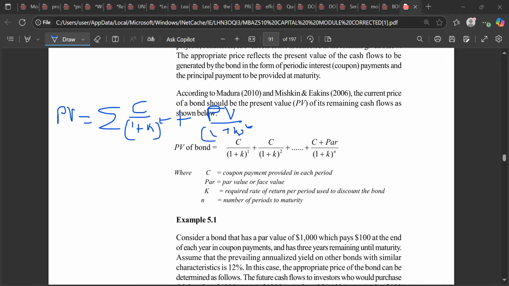These include the periodic coupon payment as well as the repayment of the par value at maturity. So C is the coupon payment, PV is the par value, and K is the required rate of return. This formula mirrors the valuation of capital budgeting projects and real estate, because there we are also talking about the present value of expected cash inflows.